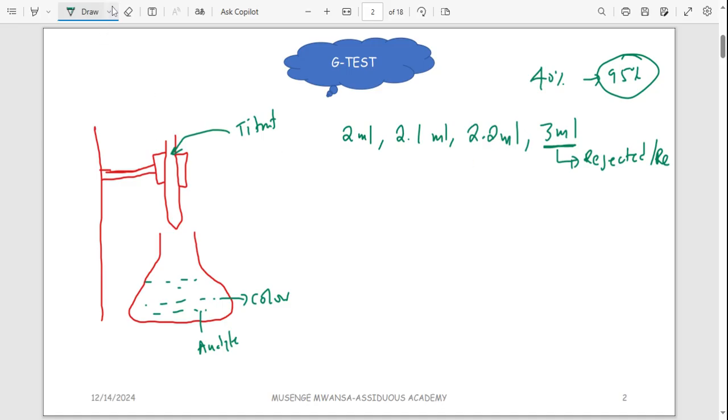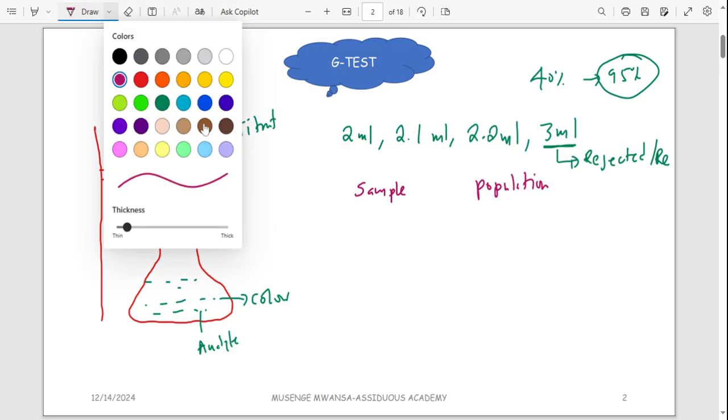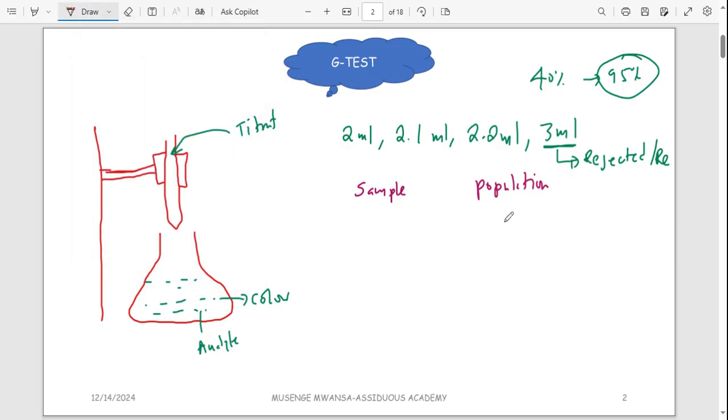Some things I want us to understand before we look at some calculations with the G-test is when you're dealing with a sample and a population. A population is the entire group that you are dealing with. Let's say you count people in a certain environment and they're 100. That is the population.